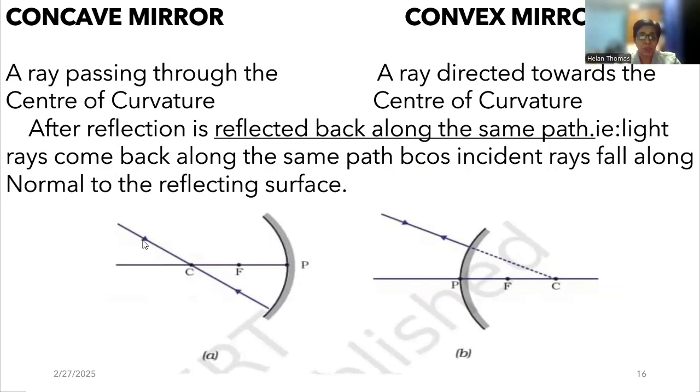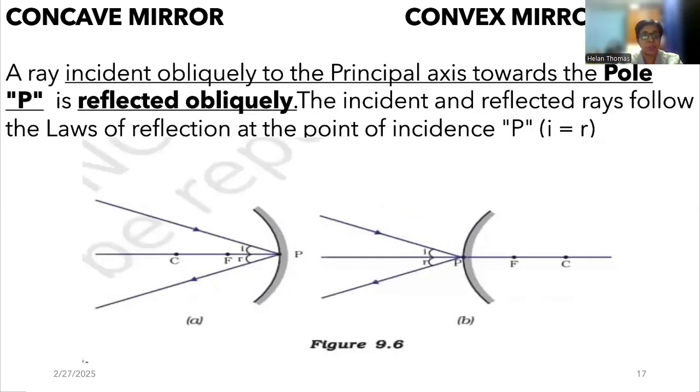See, this is the incident ray, and the reflected ray is shown in this direction. In the convex mirror, here is the focus, here is the center of curvature. The ray directed towards the center of curvature will trace back the same path. This is the easiest of all when you draw a ray diagram. The NCERT textbook follows this.